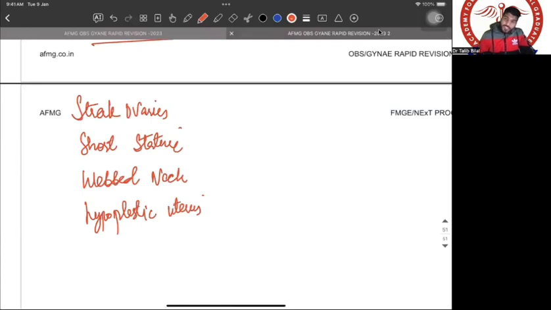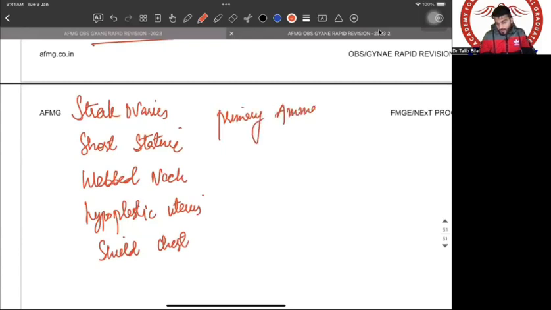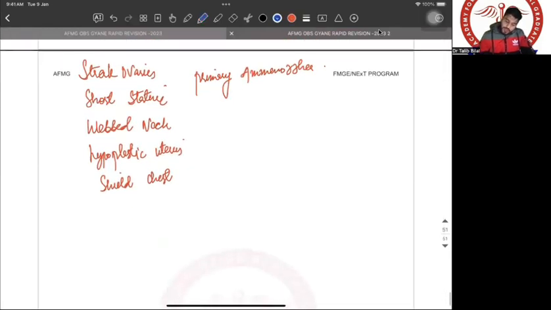We have shield chest, and we have primary amenorrhea. Also, guys, the heart defect that is associated with Turner syndrome.